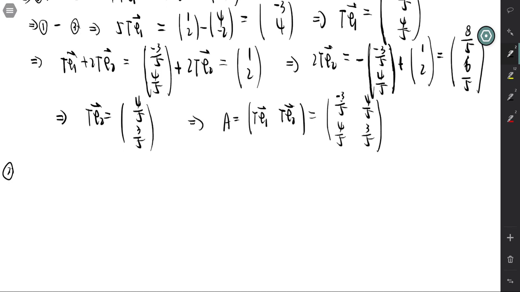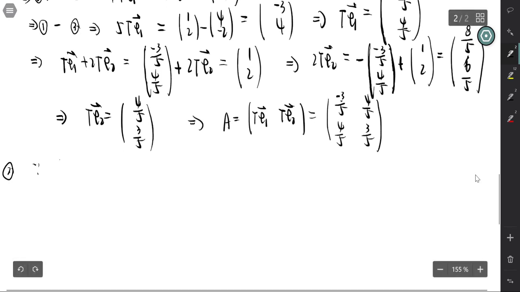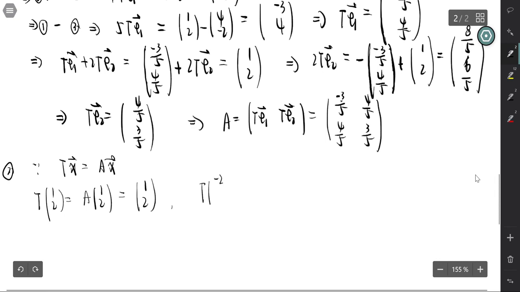Because Tx equals Ax, T(1, 2) is A(1, 2) equals (1, 2), and T(-2, 1) equals (2, -1) equals A(-2, 1).